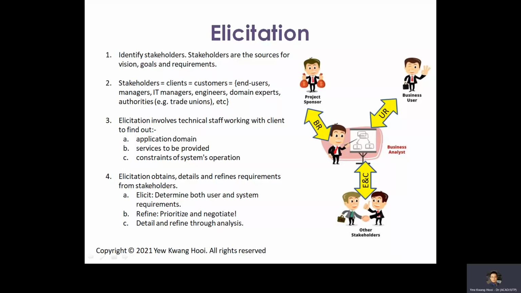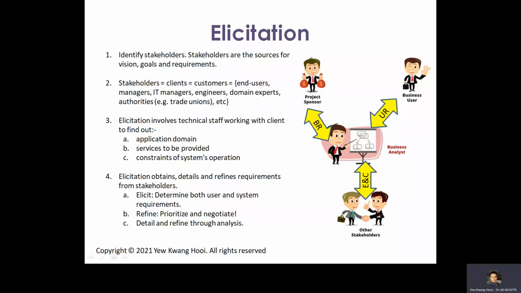First of all, you need to know whom you want to elicit. This definitely can be done top-down. Start with the stakeholders, the project sponsors who give you the direction, the goal, the vision. Then you can move down the pyramid of the organization to the managers, to the operational staff, to get all the requirements.